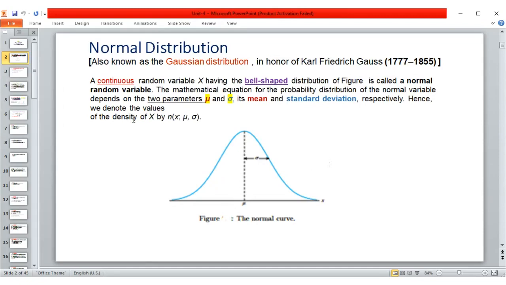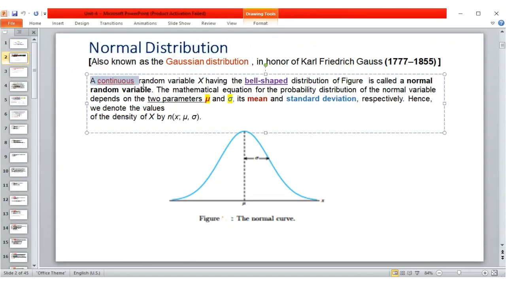First of all, this normal distribution is a continuous distribution. It is a bell-shaped diagram, and the parameters in this are mean and variance, basically mean and standard deviation. Mean is mu, and standard deviation is sigma. If you know the mean and standard deviation of a normal distribution, then you can find all the probabilities.